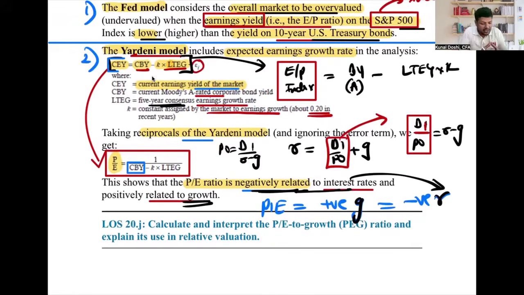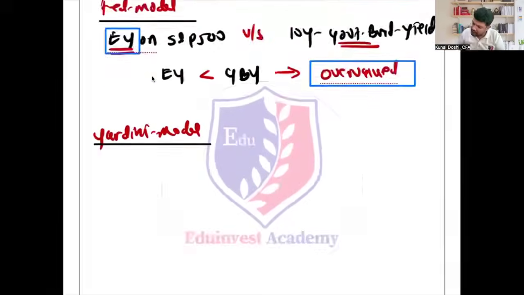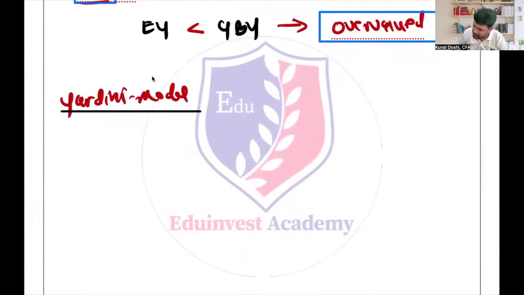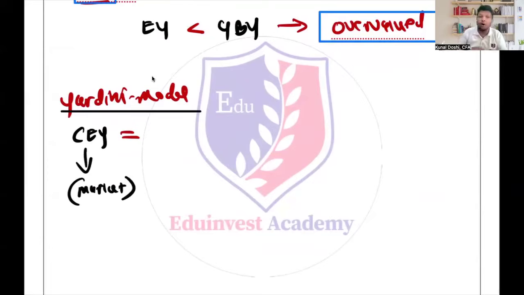So here the earnings yield of the market, the current earnings yield, CEY, current earnings yield of the market, is compared with the bond yields, right? So we are going to compare them with the corporate bond yield.